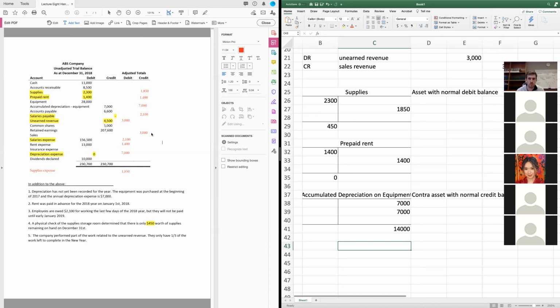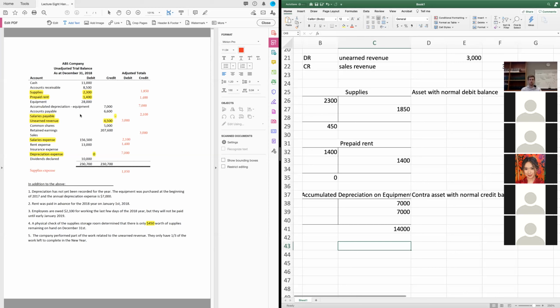Only 3,000? That cannot be right. I didn't see any sales number here. Okay, so that's going to be 3,000. And for salary expenses, add this number. Rent expense, 14,400. Depreciation expenses, 7,000. Supply expenses, 1,850.